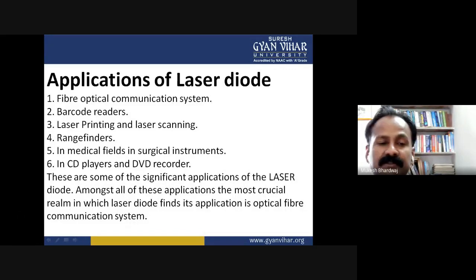These are some applications of a laser diode. Fiber optical communication system, mainly in the fiber optical communication system, the laser is widely used.